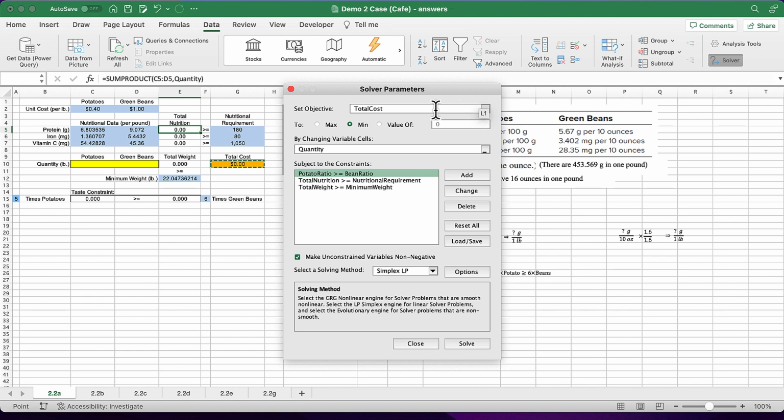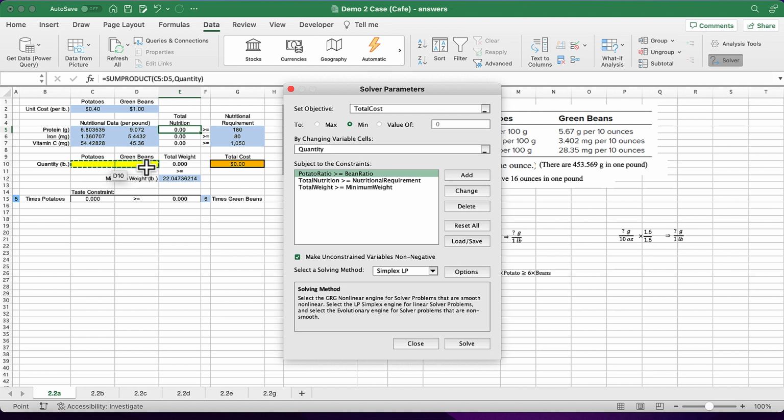For instance, the objective function is basically the total cost that's coming from the orange cell. And because we are interested in minimizing the cost, just make sure that you use the correct operator. It's not maximum, so you have to choose minimum. Changing cells always refer to the decision, so in this case, it's going to be the quantity of the potatoes and the green beans.